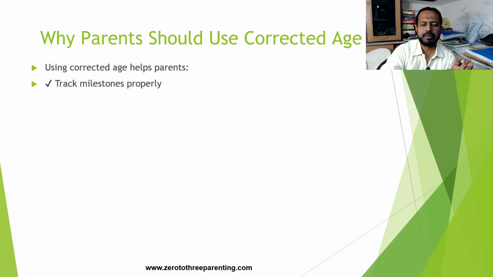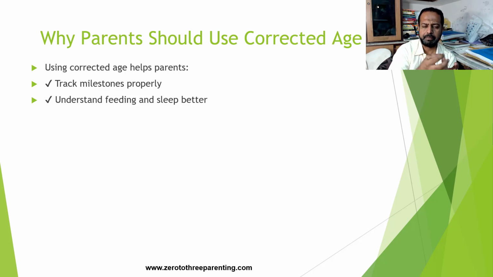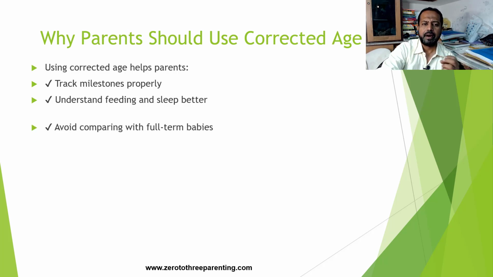Why should parents use it? Because it gives clarity about whether their child is developing normally or not. Oromotor development is also not good for preterm babies. It gives information about how feeding and sleeping are. Avoid comparing with full-term babies.